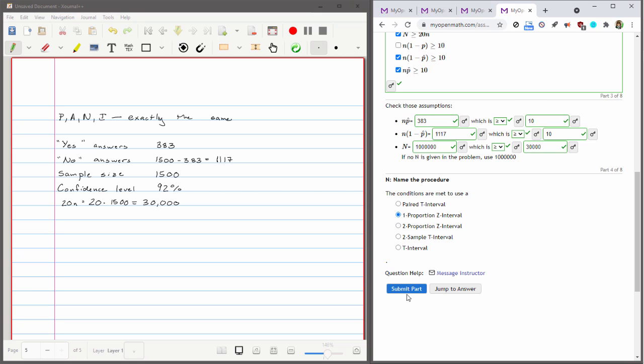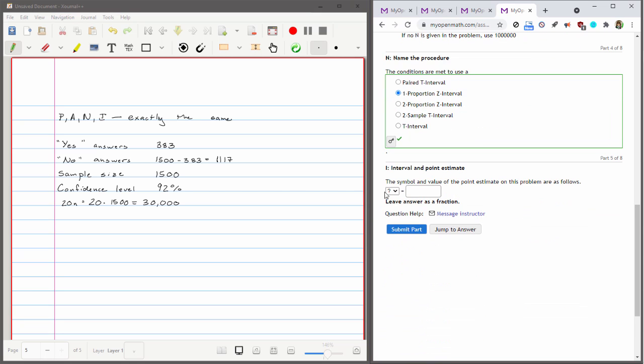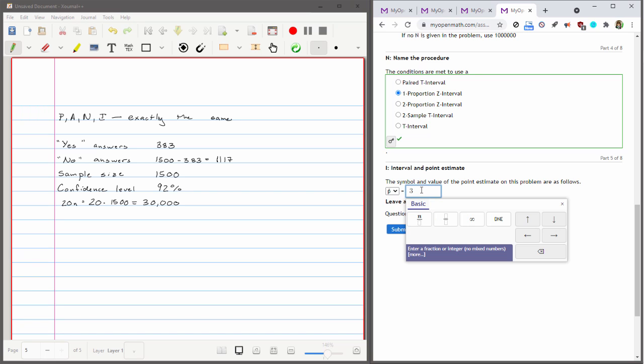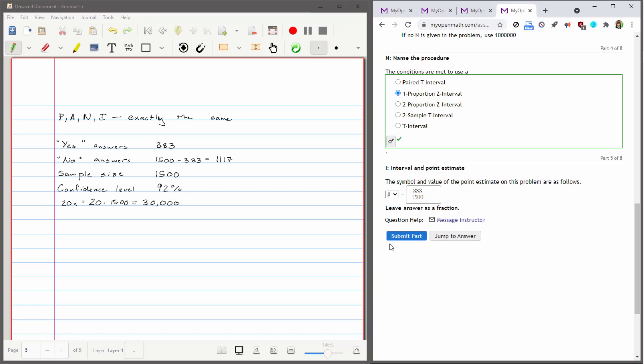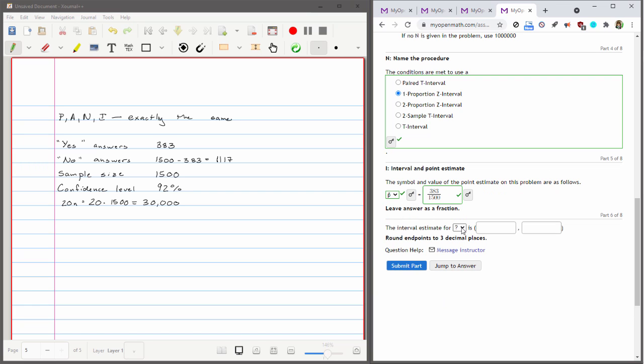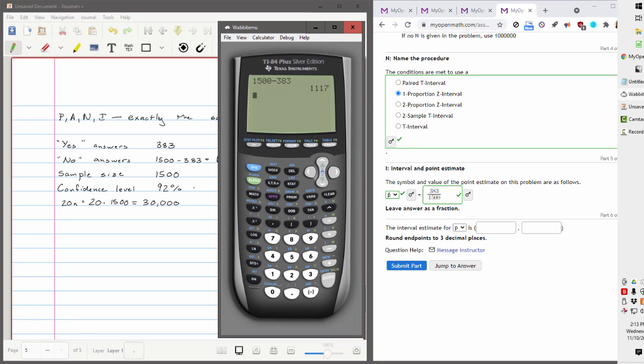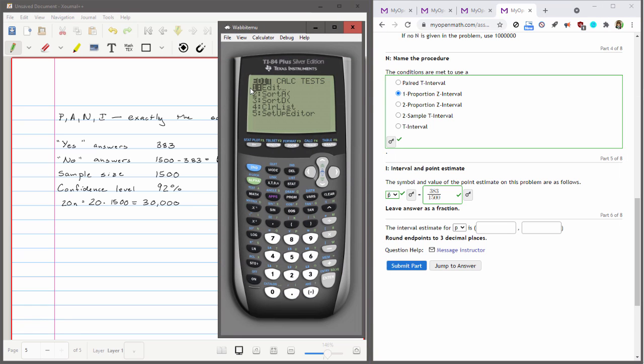We want to take a 1 proportion z interval. Our point estimate, p hat, is the 383 cash transactions over the 1,500 transactions in the sample. The interval estimate for our parameter, p: here we use the calculator, stat, tests, 1 proportion z interval.